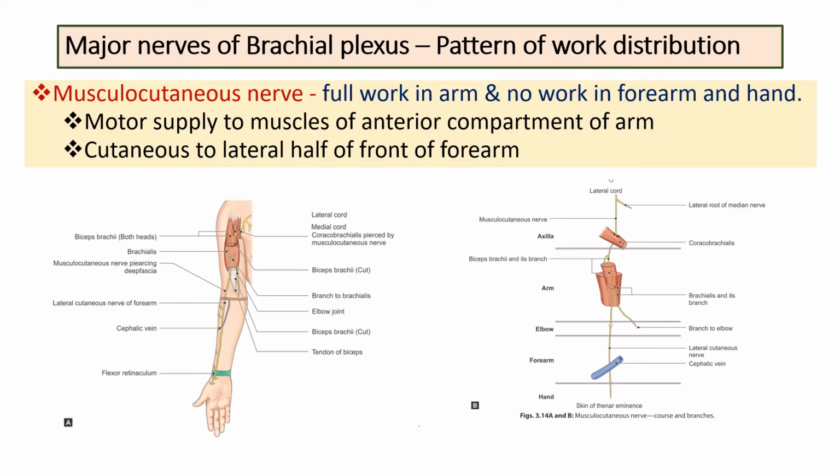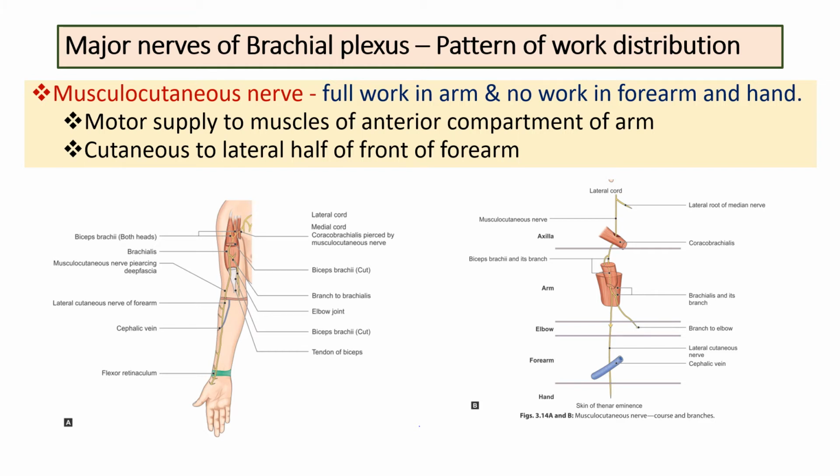When you have studied about the course of the musculocutaneous nerve, you have learnt that it enters the arm by piercing the coracobrachialis muscle, and you know the muscles in the flexor compartment of the arm, that is the biceps brachii, coracobrachialis and the brachialis.